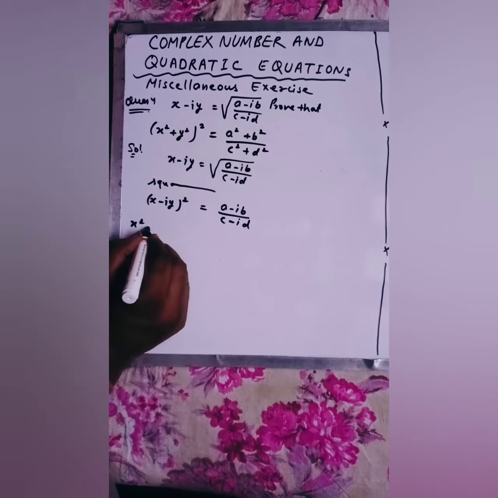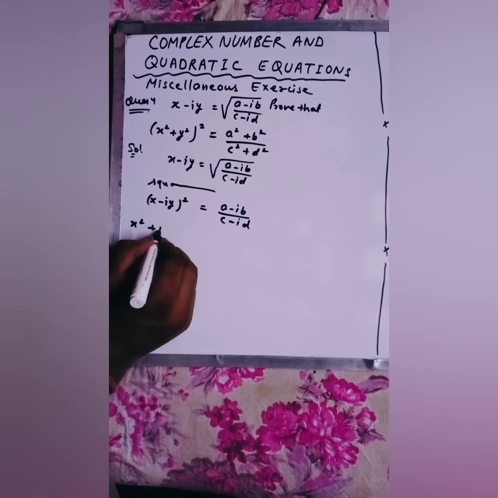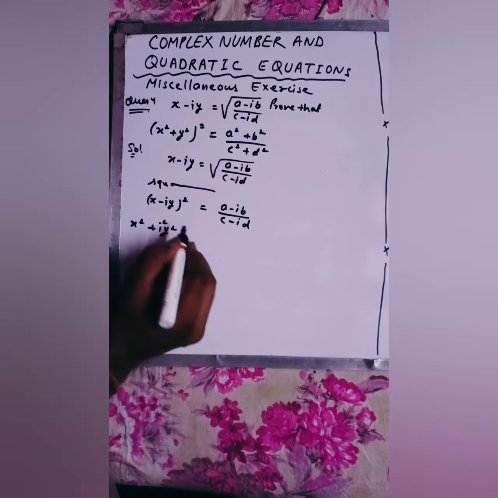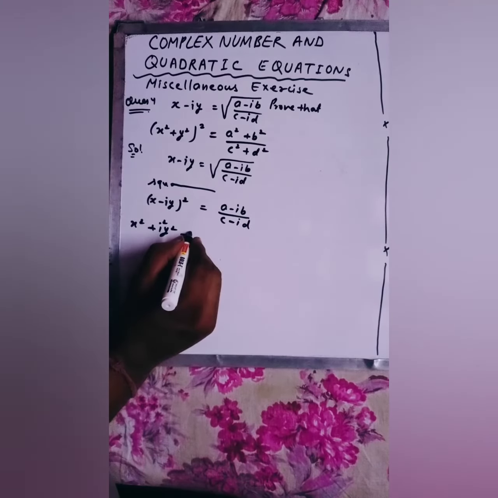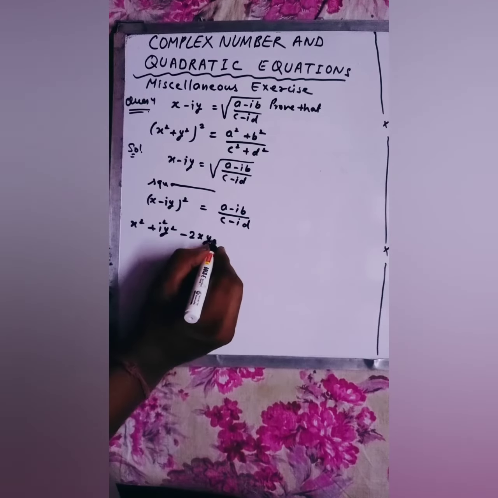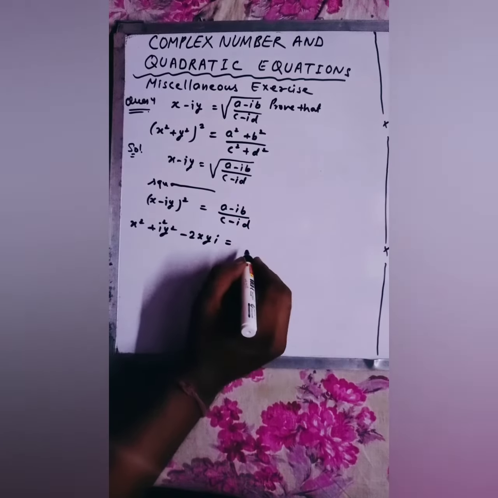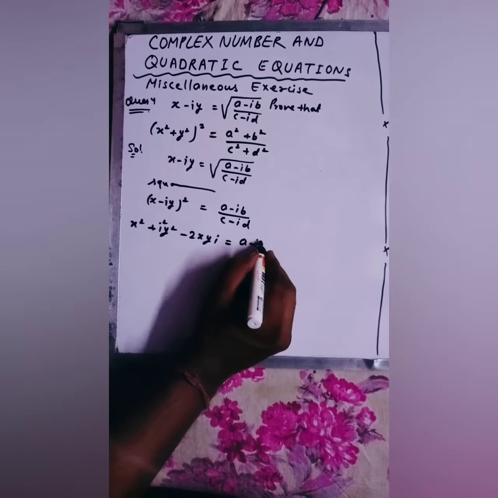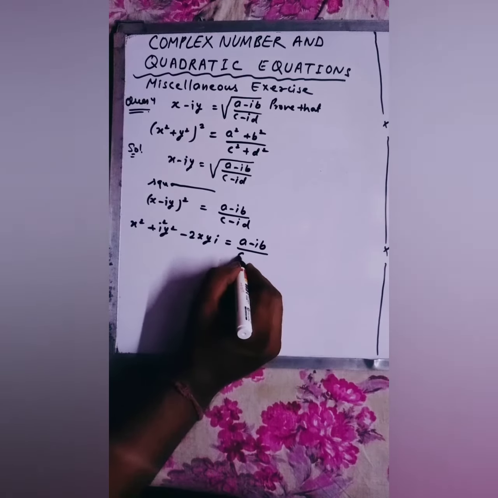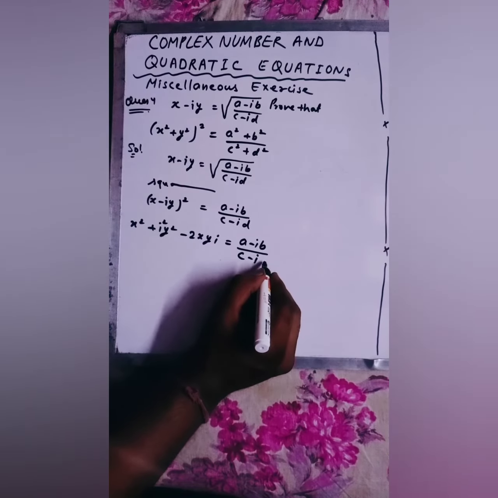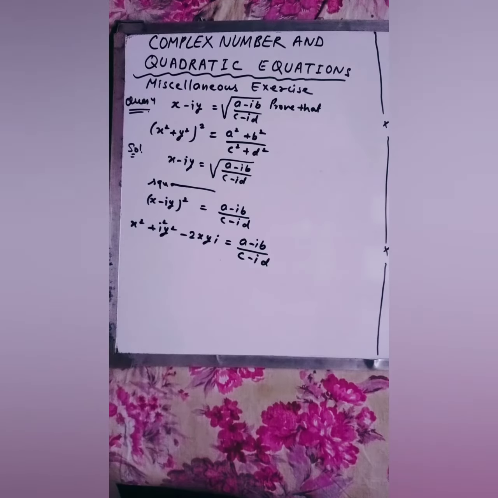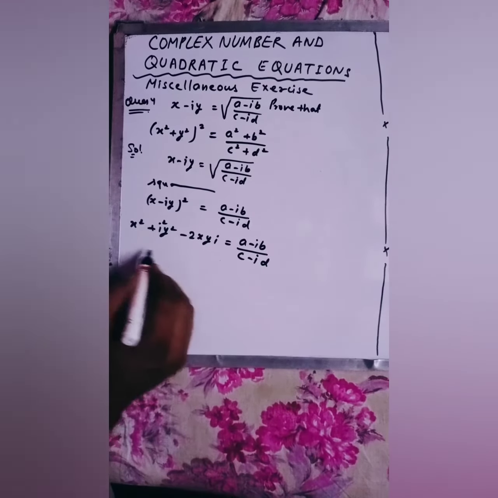x square plus iota square y square minus 2xy iota is equal to (a minus iota b) over (c minus iota d). Simplify it.